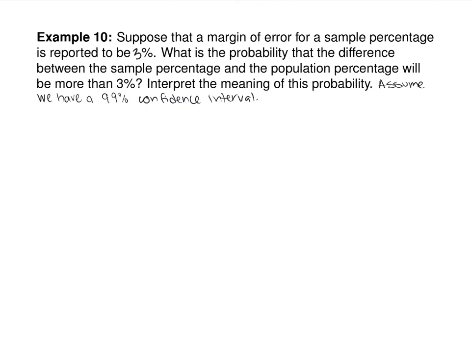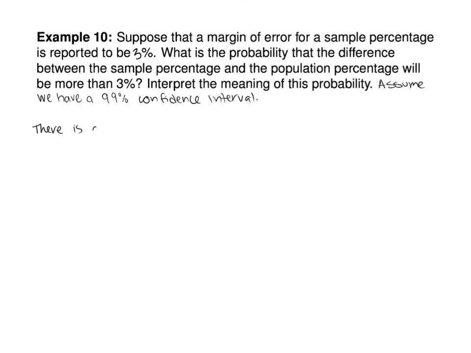So suppose that the margin of error for a sample percentage is reported to be 3%. What is the probability that the difference between the sample percentage and the population percentage will be more than 3%? Assume we have a 99% confidence interval. So in this case, what is the probability that the difference between the sample percentage and proportion will be more than 3%?